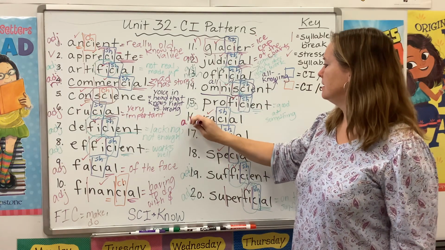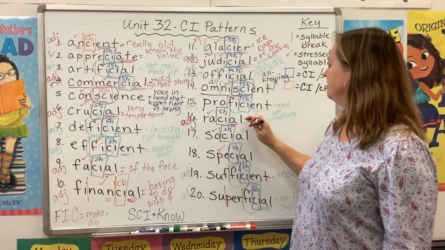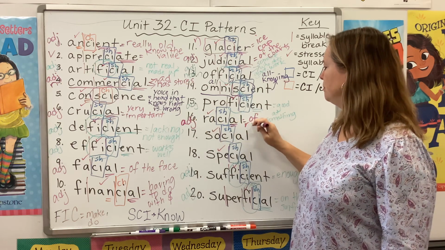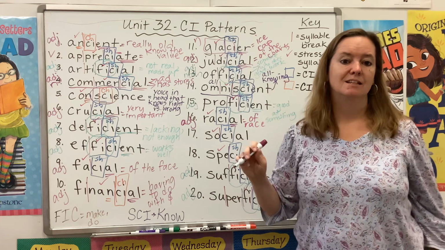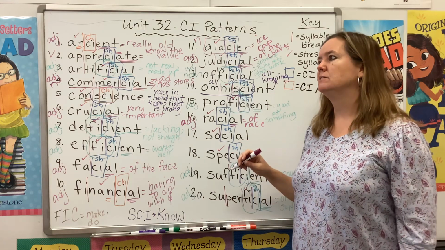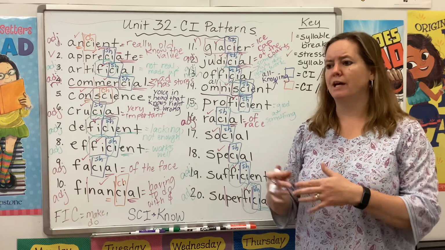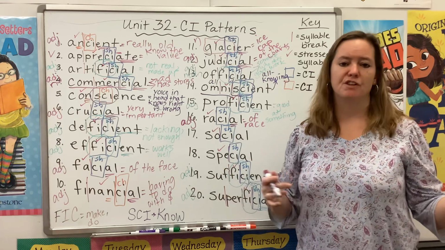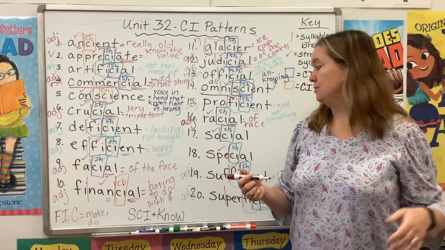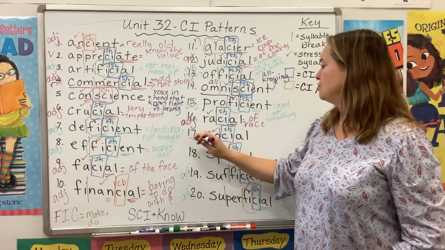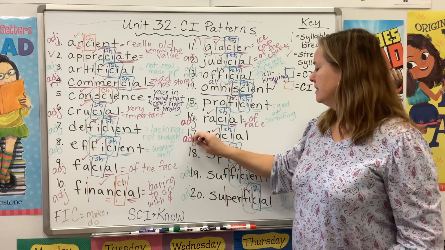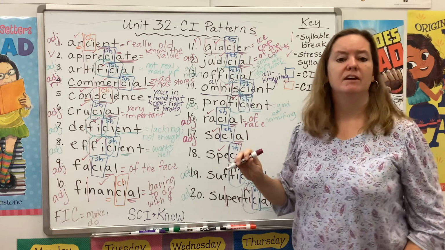Racial, another adjective having to do with race, right? Sometimes we do studies to look at different racial groups to make sure they're getting the same opportunities. Social is another adjective.